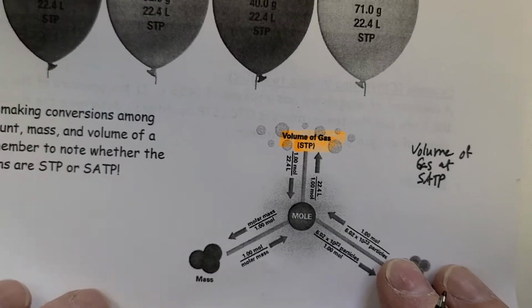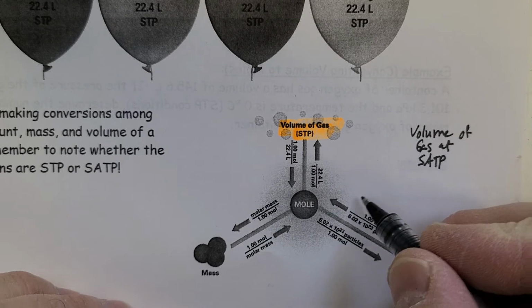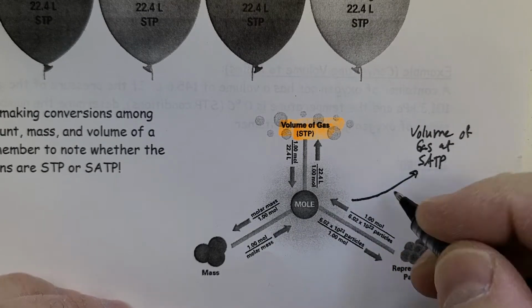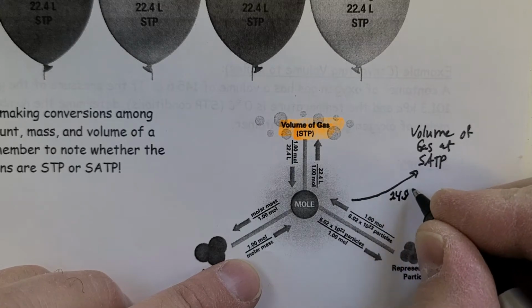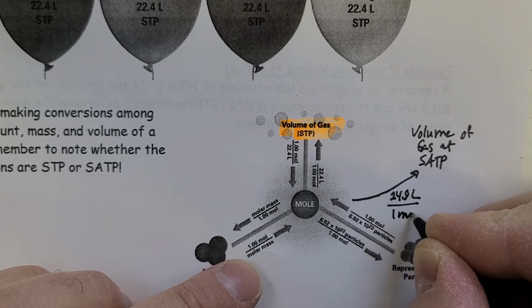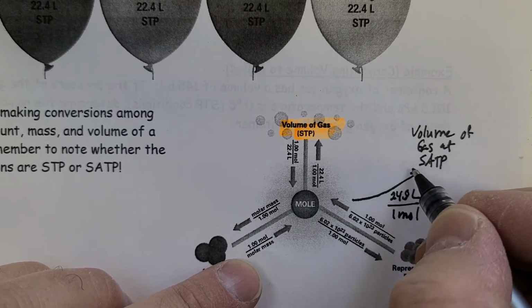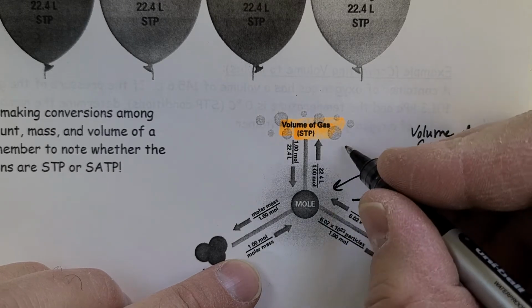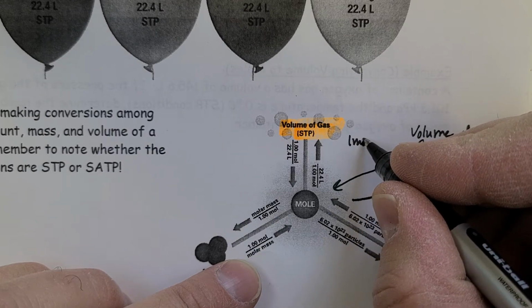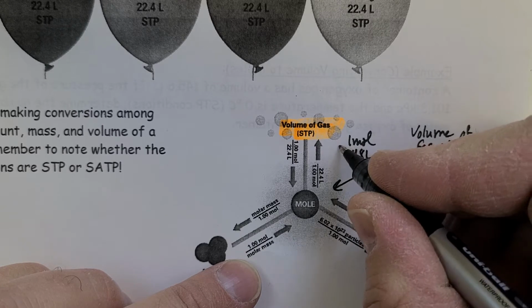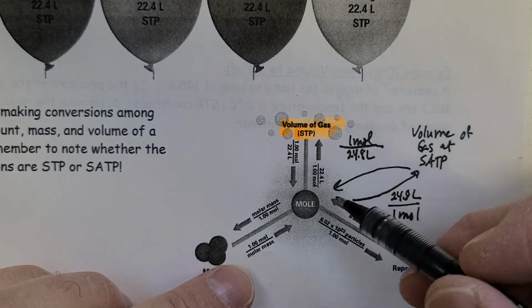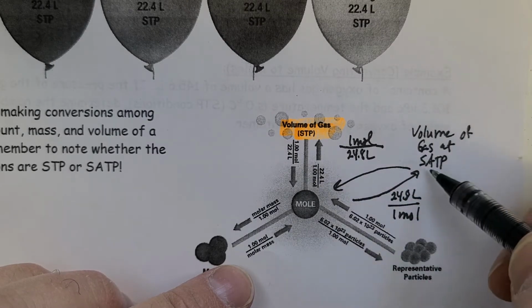Let me remove my sheet so we can see that. Going from moles to liters, of course we said that was 24.8 liters is 1 mole. And then going back this way, 1 mole is 24.8 liters. So those are the 2 conversions.